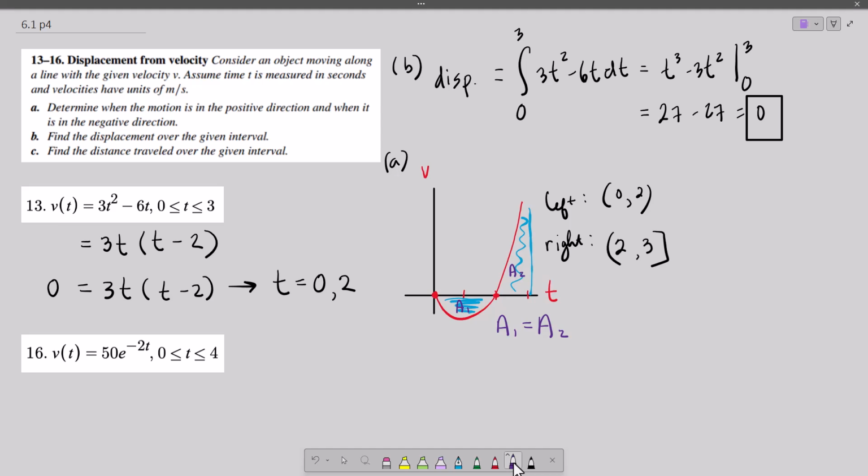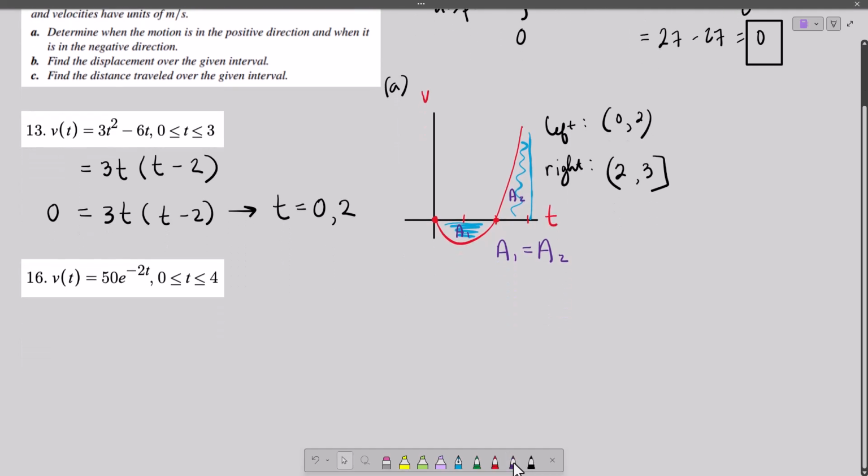We could integrate from 0 to 2 and multiply by -2. That would also give us the distance traveled. We could also integrate 0 to 2, multiply by -1 to make it positive, because if you integrate 0 to 2, it's going to be negative. So 0 to 2, multiply by -1, and then add the integral from 2 to 3. So 3 distinct ways you could go.